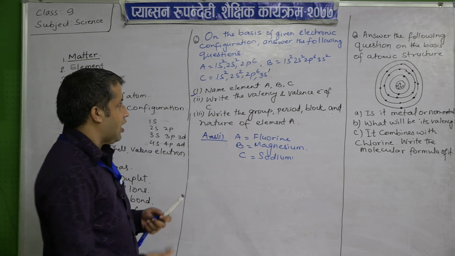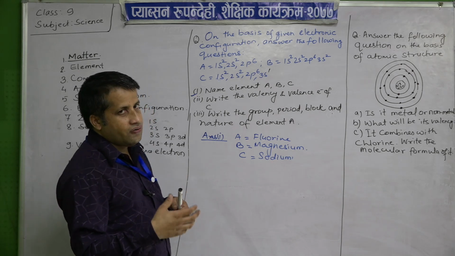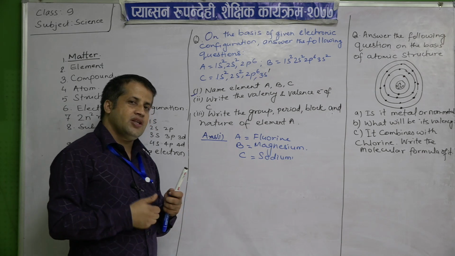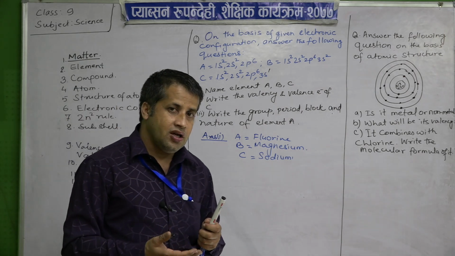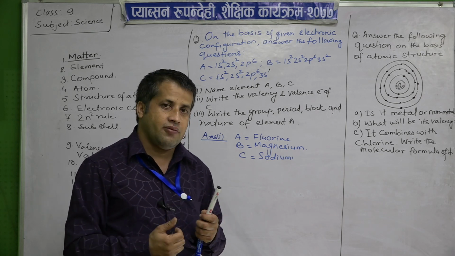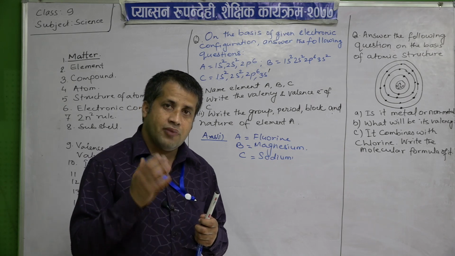So for that, you calculate and do the electronic configuration on the basis of shell. We know that the number of electrons present in the outermost shell is known as the valence electron, whereas the number of electrons it can give or take to become stable and get the octet electronic configuration is known as valency.